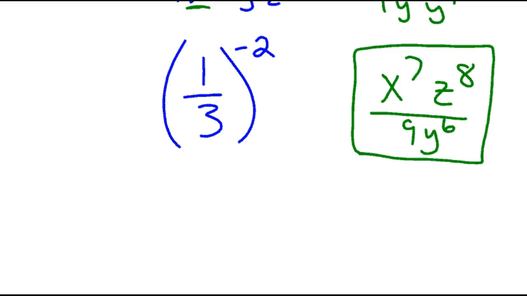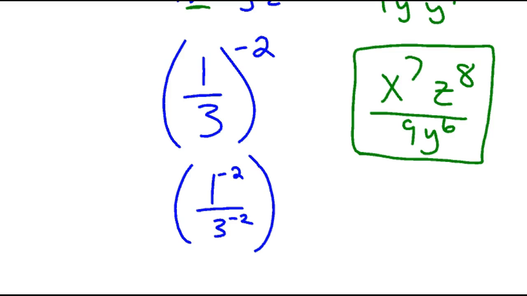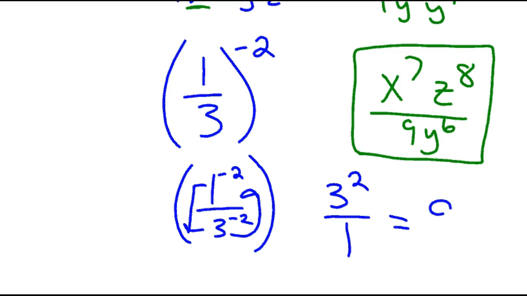So you'd have technically 1 to the negative 2 over 3 to the negative 2. Well, that would flip it. So the 1 to the negative 2 would go down, 3 to the negative 2 would go up, so you've got 3 squared over 1 squared, which is just 1, and 3 squared we know is 9. So 1/3 to the negative 2 power is simply 9.